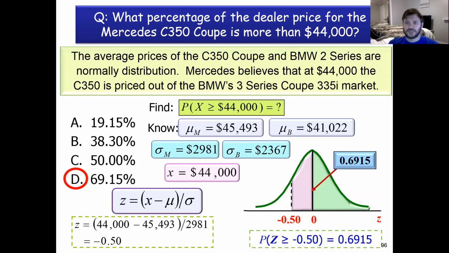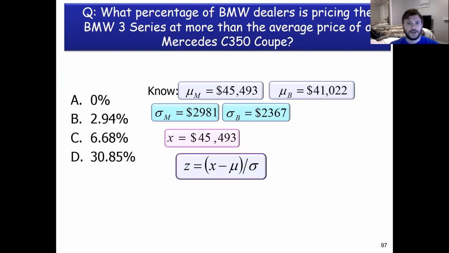Next question. What percentage of BMW dealers are able to price the BMW 3 Series at more than the average price of a Mercedes C350 Coupe? So now we have to be a little careful. We're now being asked about the BMW dealer distribution relative to the average price of a Mercedes C350 Coupe. And we know the average price of the Mercedes Coupe was $45,493.